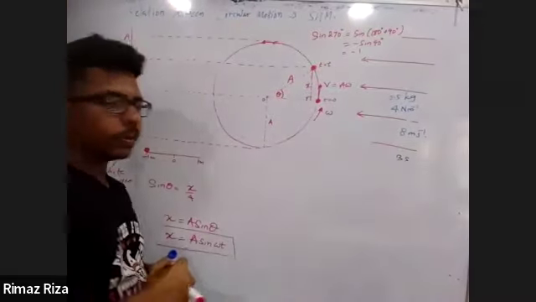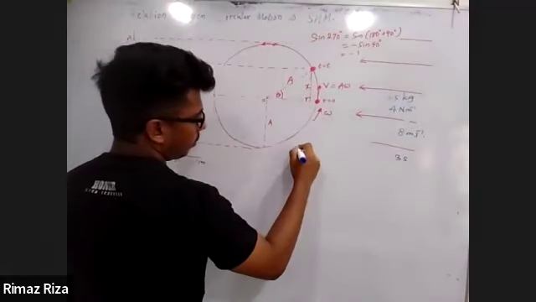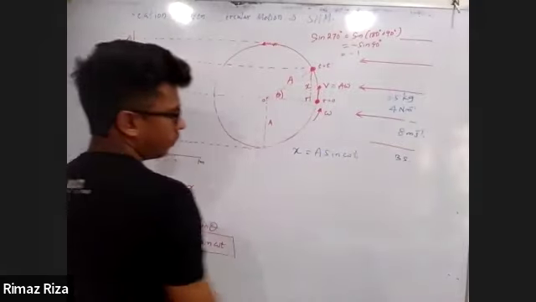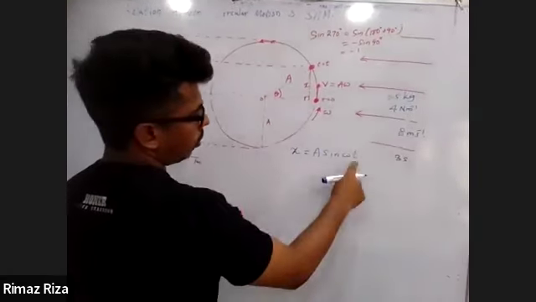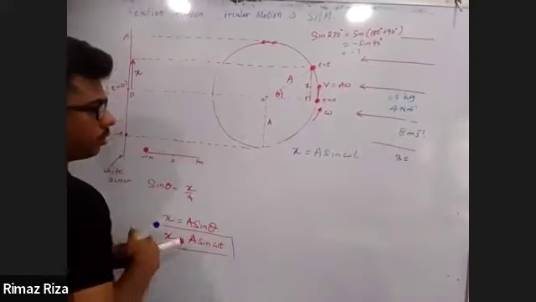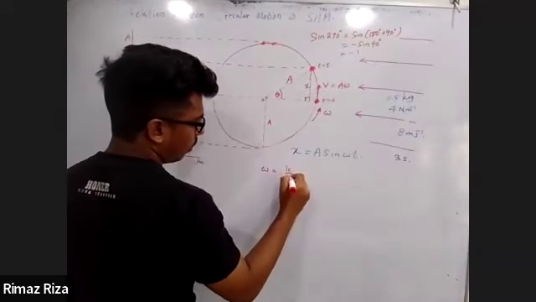Okay, so let me do this. The formula is x equals a sine omega t. We want to know omega and a in order to answer this question. Omega equals the square root of k over m.